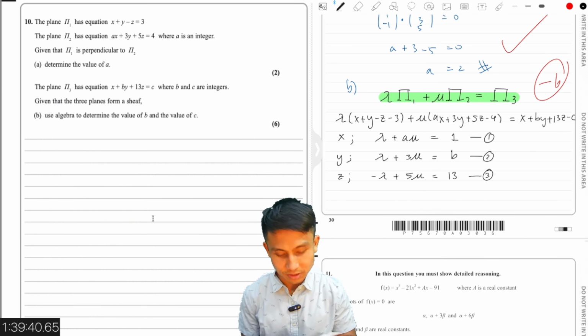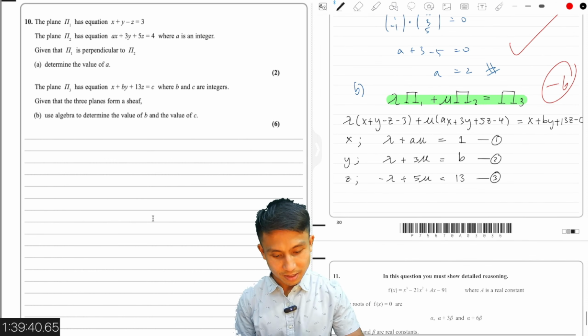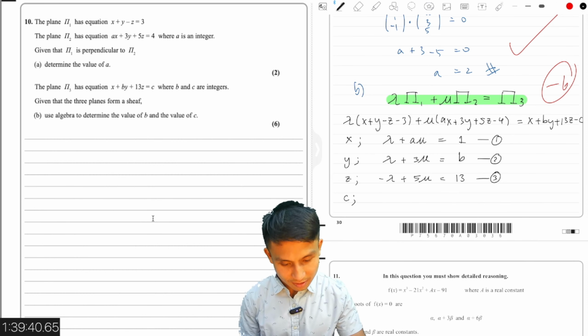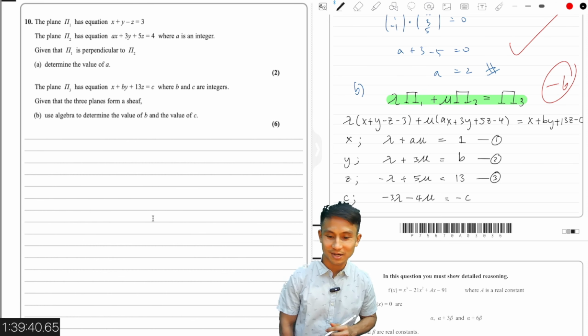That's the third equation, just for reference later. And then for the fourth one, the constant term, I'll just write c. So we have minus 3 lambda from the first one, minus 4 mu from the second one, and minus c from the right-hand side.